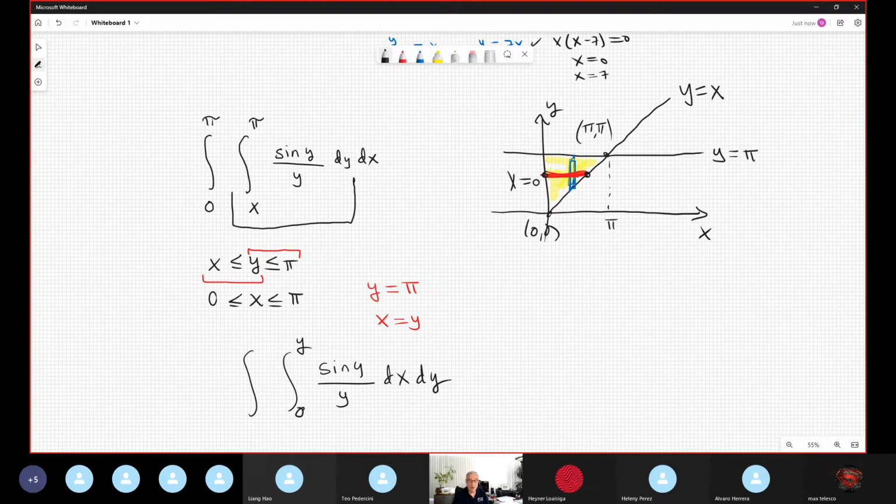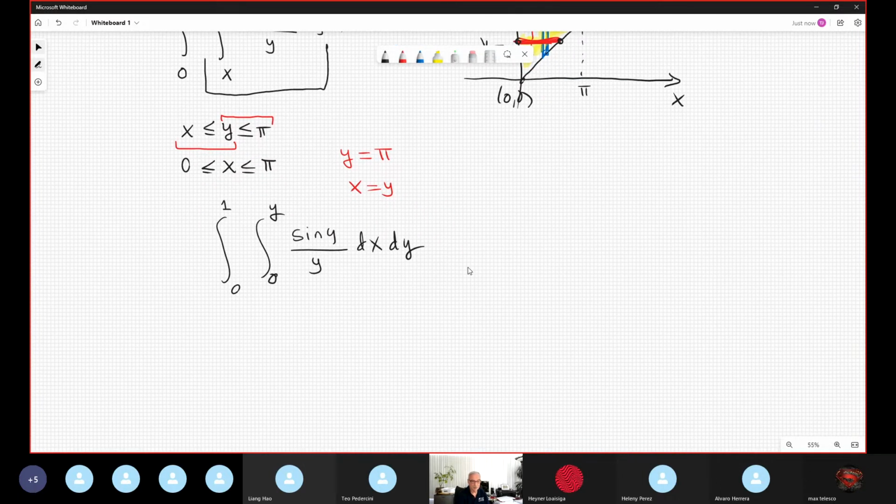And when I open the window, in that direction, it's obvious that dy goes from 0 to 1. Now, this example I try to do by hand because I want to illustrate the idea. Okay, I copy this integral separately.